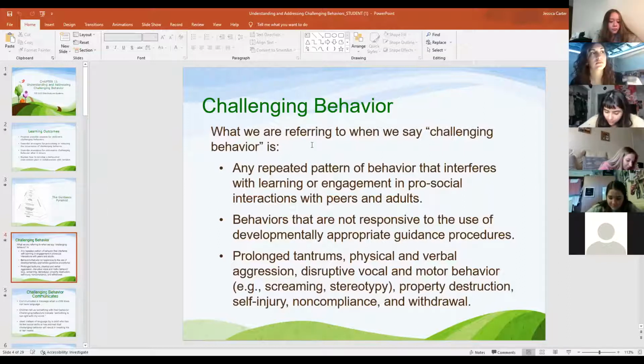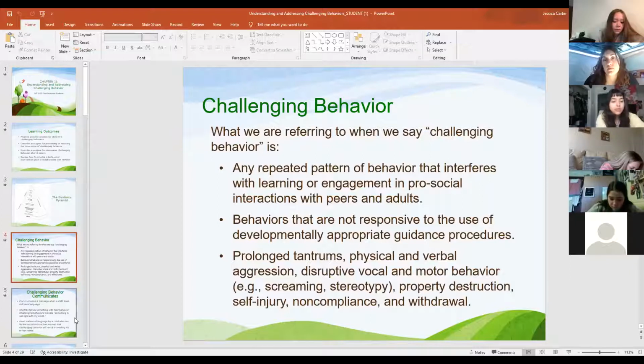But you have a baseline of what you would expect a child to be able to come down from. And if it's going above and beyond that baseline of what seems typical for children this age, then you might say that child's exhibiting a challenging behavior.